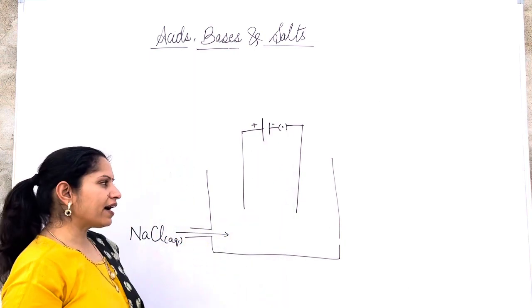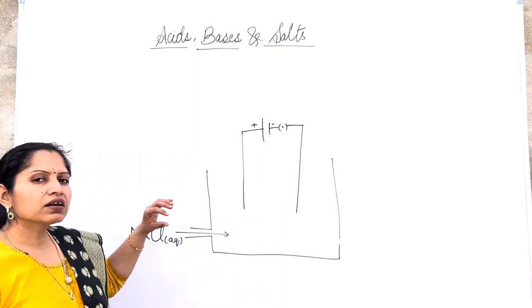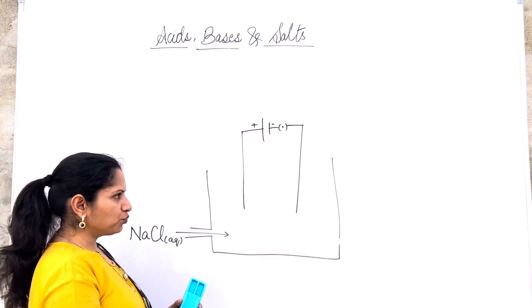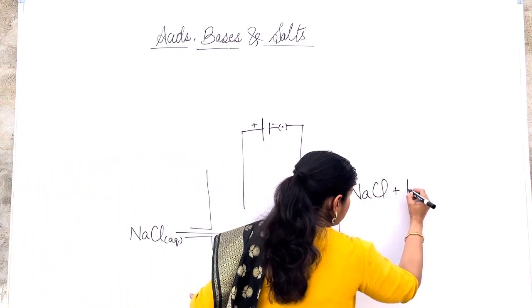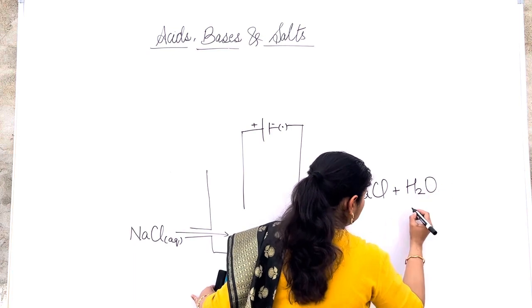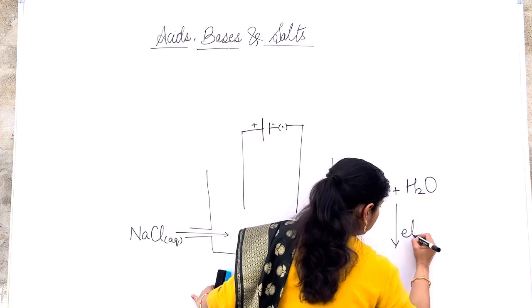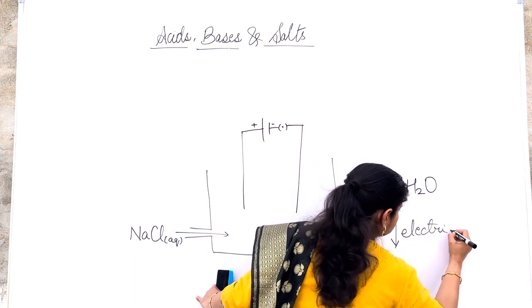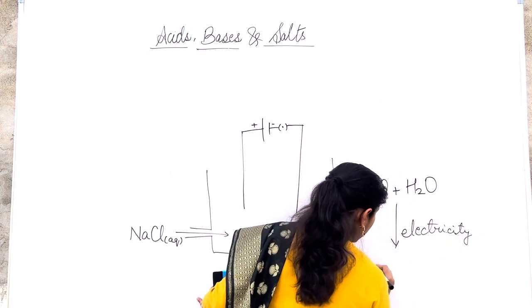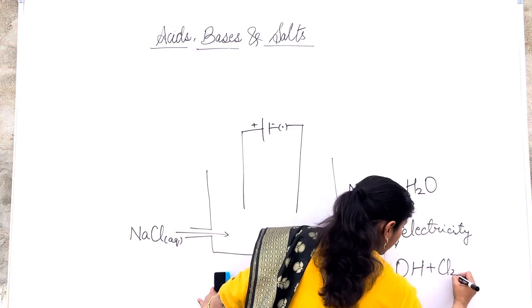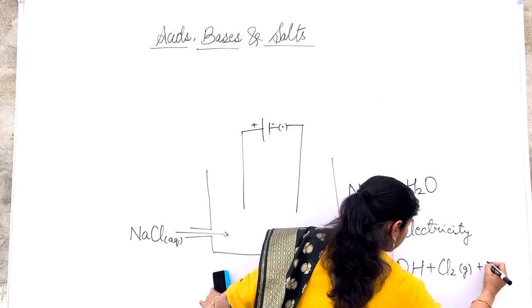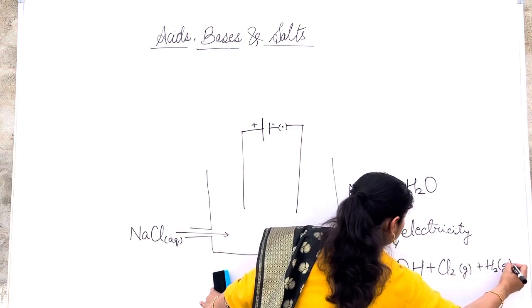So when you carry out the electrolysis, NaCl is there and water is there. When you pass electricity through it, NaOH will be formed in the solution. Apart from that, chlorine gas and hydrogen gas will be formed.